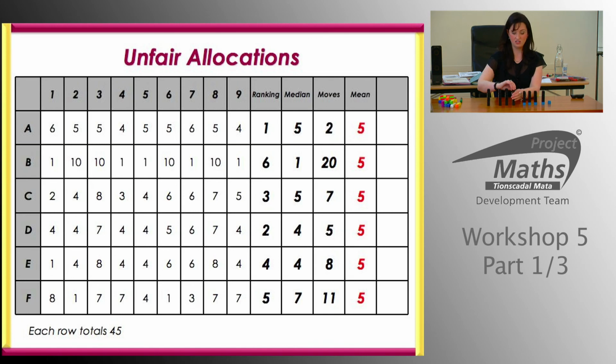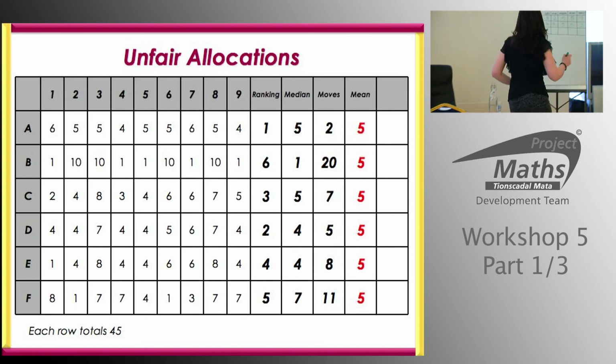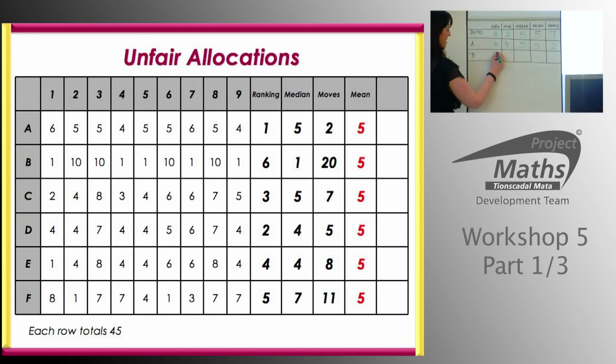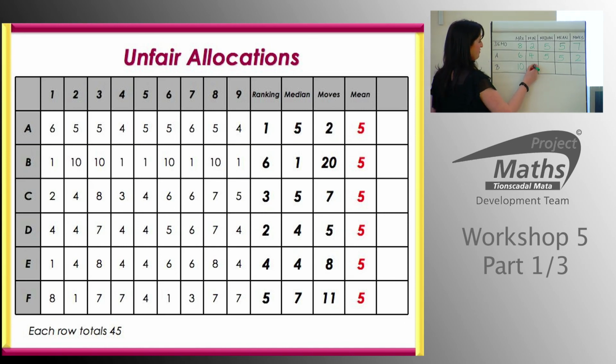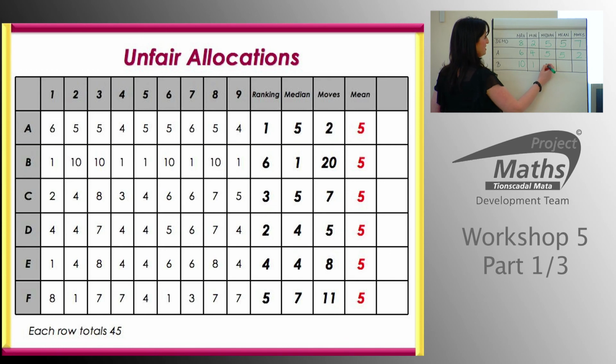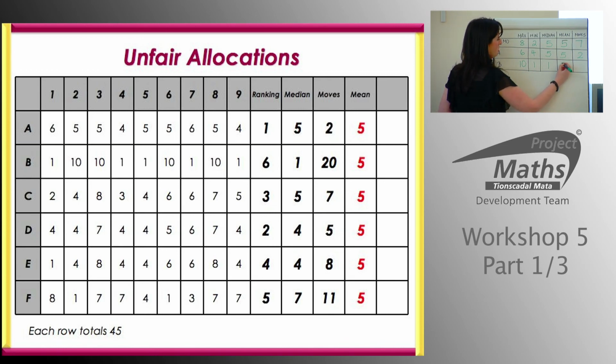And then I need 1, 2, 3, 4. So how many sweets is that moved? 20. Perfect. So we had a max of 10, a minimum of 1. My median this time was 1. My mean is always going to be 5. And this time I had a huge amount of moves, 20 moves.